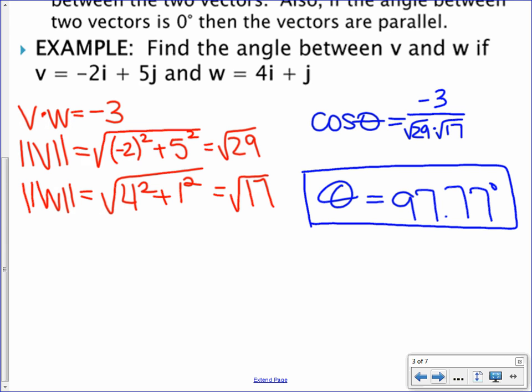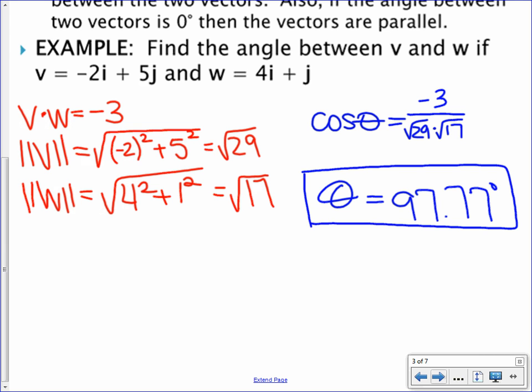Okay, let's talk about a special case. We already mentioned that if the angle in between is 0, then we have parallel vectors. Now you've noticed that as we've gone through these vector sections, we've had some kind of odd vocabulary, right? Instead of multiplying, we say dot product.